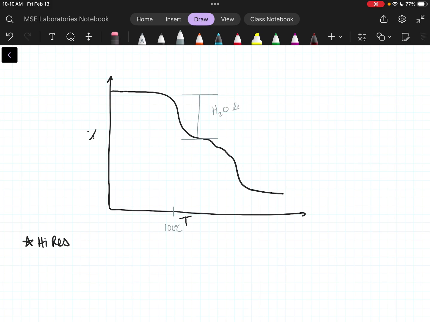Oh, and I also want to talk about high res. We'll talk about that in just a second. So I've got data, and just draw it to there.